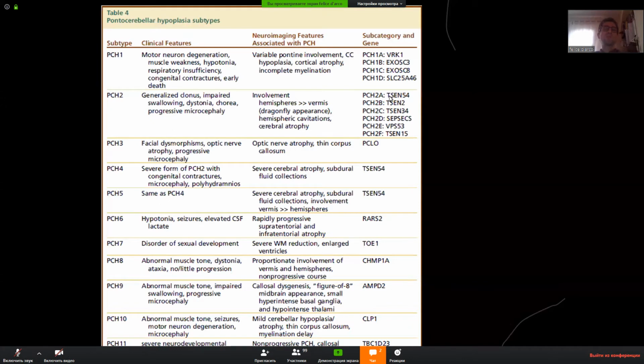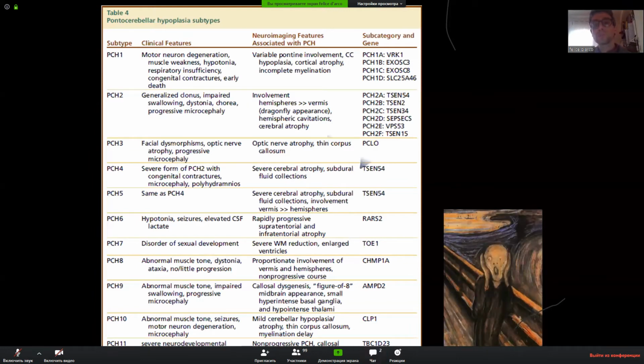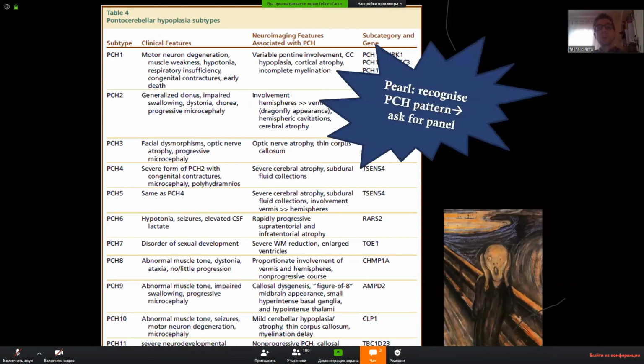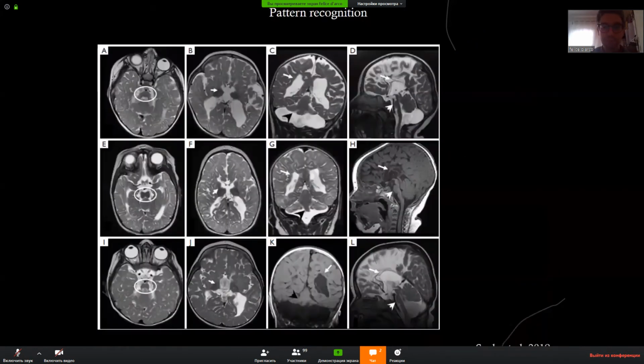So you don't want to make a precise genetic diagnosis, but what you need to do is at least recognize that this is a pontocerebellar hypoplasia pattern and ask for the panel. Sometimes you can go further.